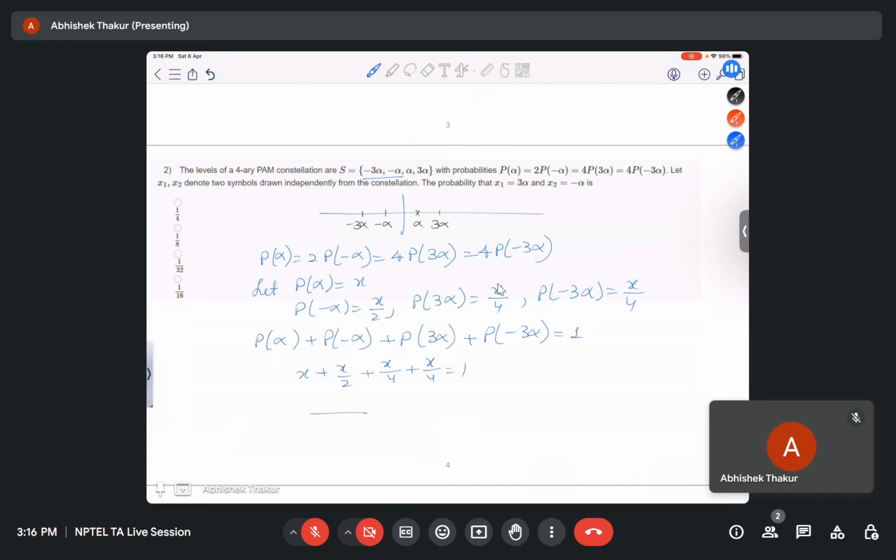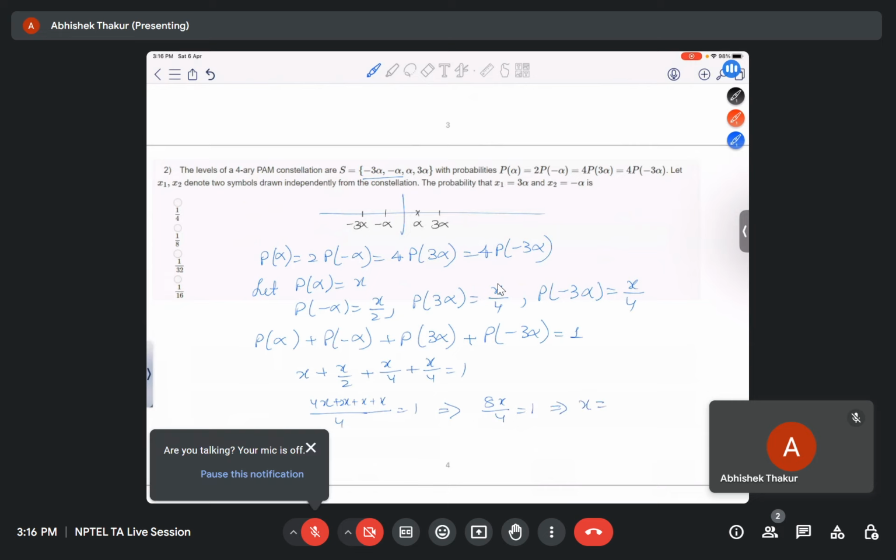This becomes 4x plus 2x plus x plus x, so x is equal to 1 by 2.